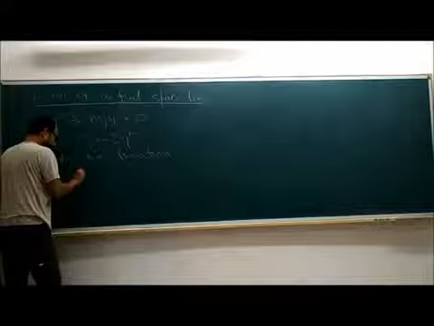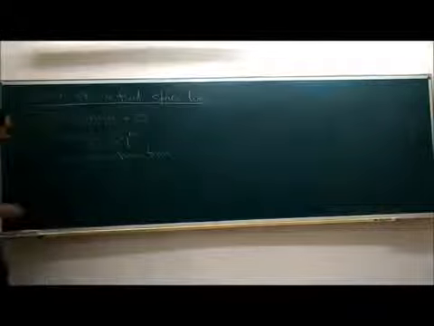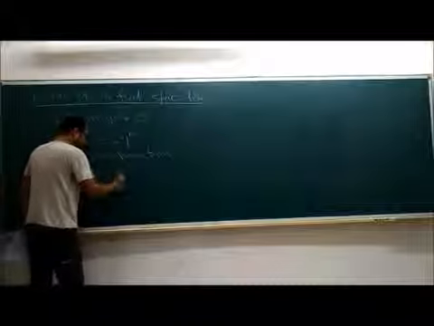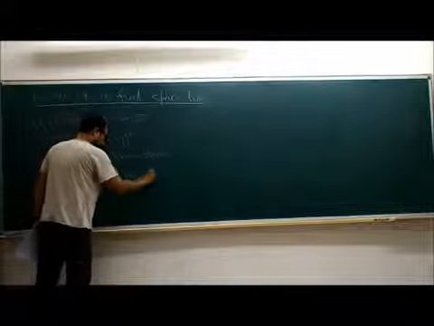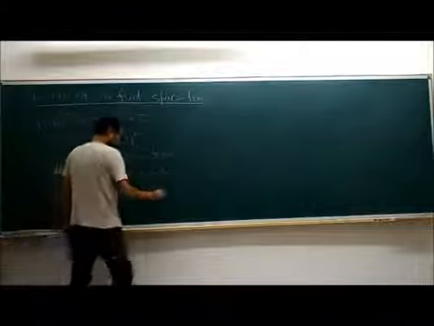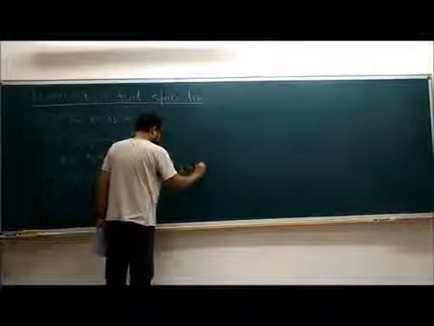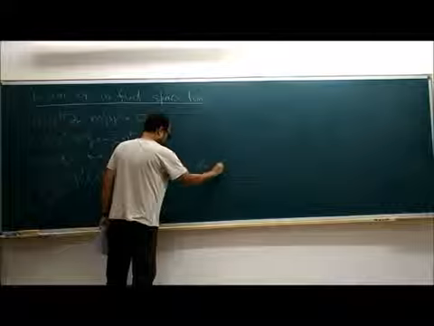Okay, so I'll use the transformed field by psi prime. So psi prime of x prime is R lambda psi of x, where x prime mu is lambda mu nu x mu.